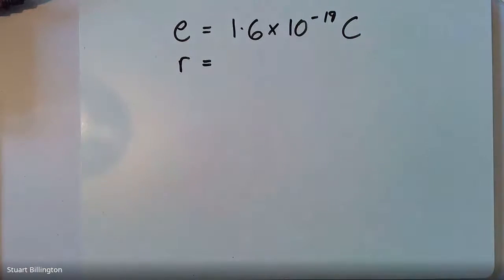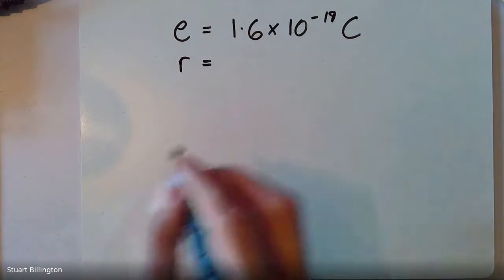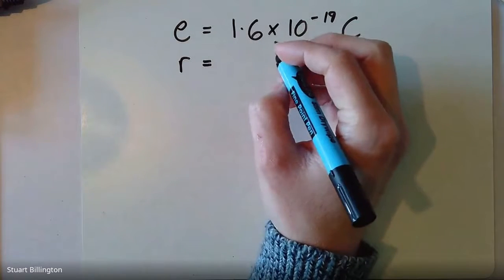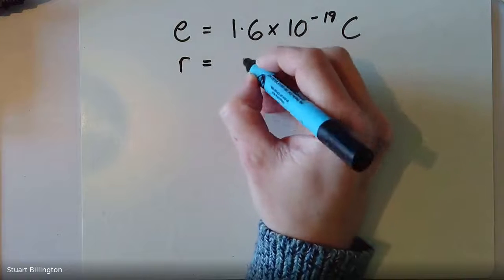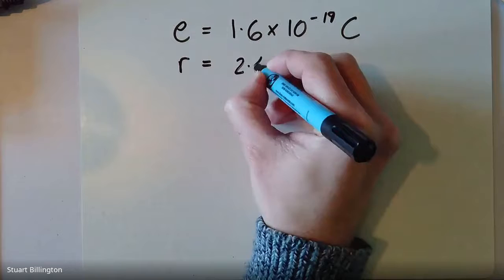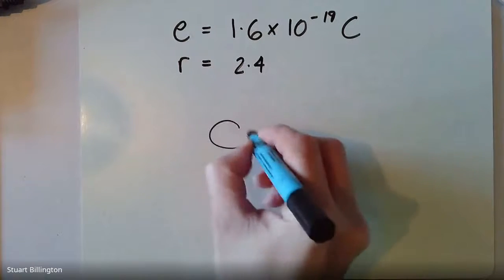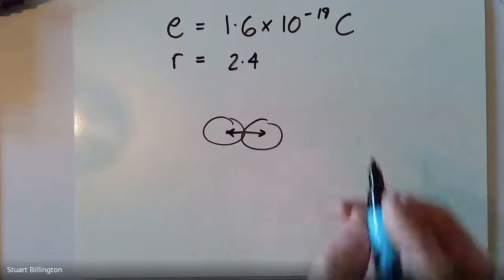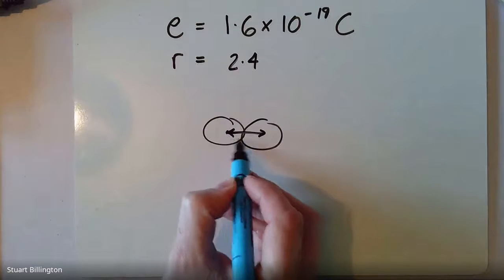The radius of a proton is 1.2 times 10 to the minus 15. So we're going to need 2 radii because the protons are that distance apart. 1 radius plus another radius.